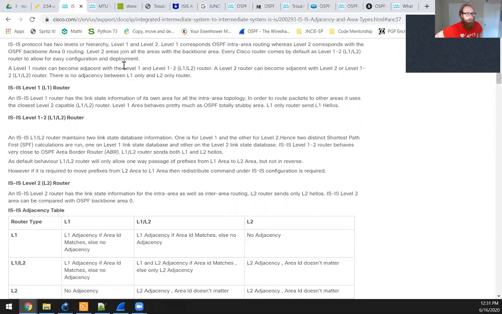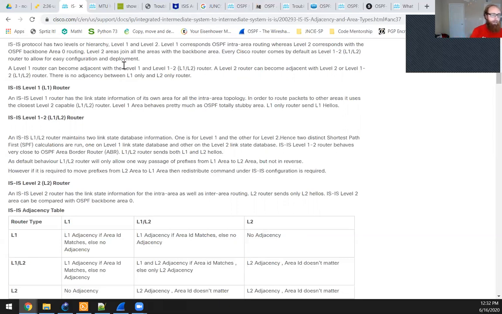ISIS level 1-2, L1-2 router. This is kind of equivalent to an ABR in OSPF, whereas an ISIS level 1 router is more equivalent to a stub router in OSPF.